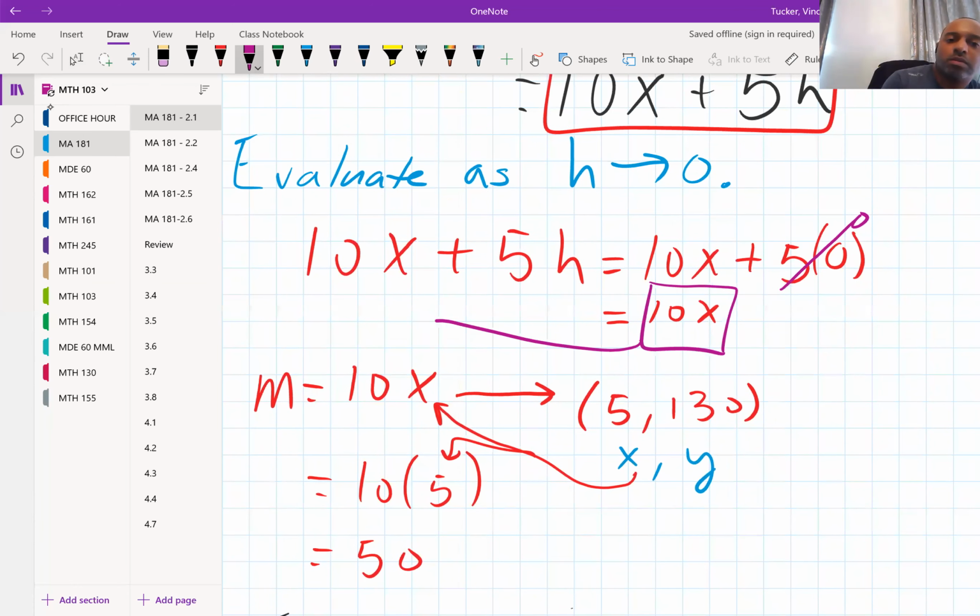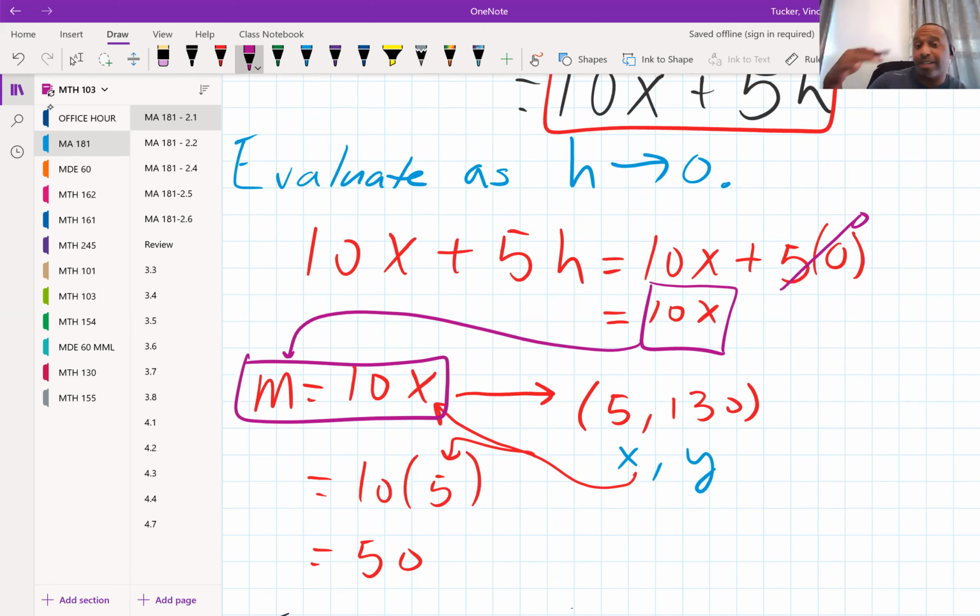So I don't know if I like that, but anyway. There will be times, it just depends on how deep you go into calculus, where there will be an x and a y involved in your slope or your difference quotient. But in this case, all we have is x. I think as far as the problems you will see, all you will see is x.